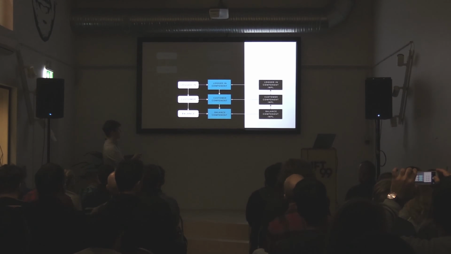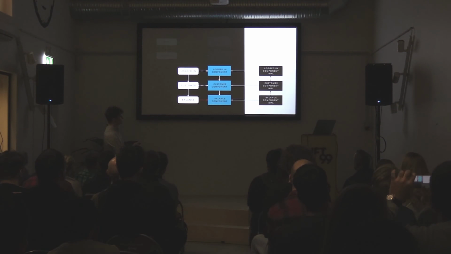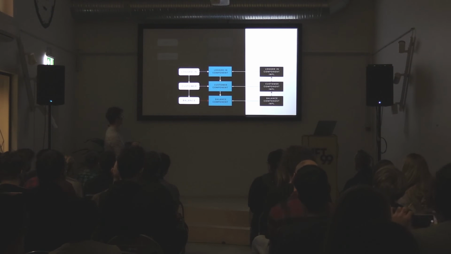Yes, there is a tight coupling, if that's the question, but only in the implementation details. The important thing here is that the component abstractions are not tightly coupled. They only know that they can create their child. The abstraction is clean, so the customer module doesn't know anything about being used in the logged-in component. This is really important. The customer component doesn't know that, unless you start to implement this thing.